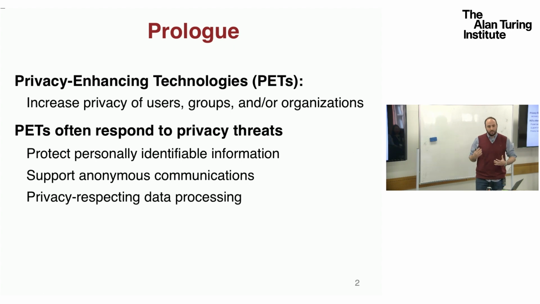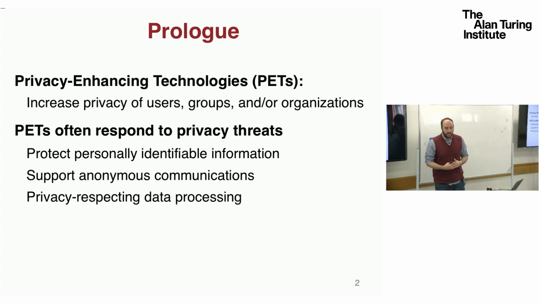And very often, these PETs, these privacy-enhancing technologies, are deployed to respond to some privacy threats. So you want to protect personally identifiable information. You want to protect confidentiality, maybe support anonymous communications, with technologies like Tor and so on. And you want to process data in a privacy-preserving way. And one of the things that we're going to talk about today is the third point here.